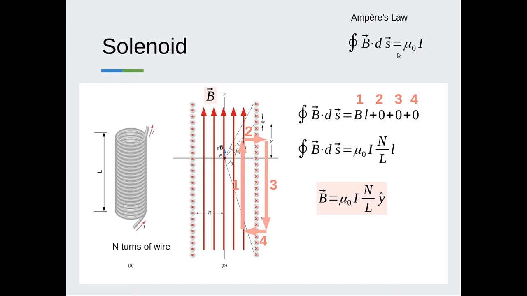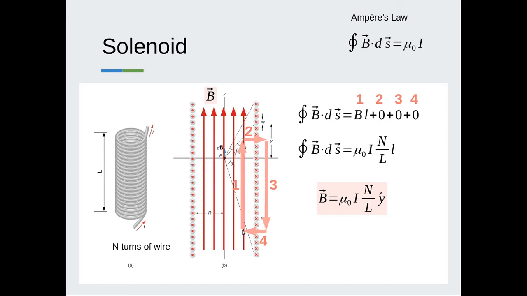Then we apply Ampere's law. Ampere's law says that if we create an imaginary closed loop and integrate along it, it should give you a number proportional to the current enclosed. So the closed loop is set up like that, the pink closed loop.